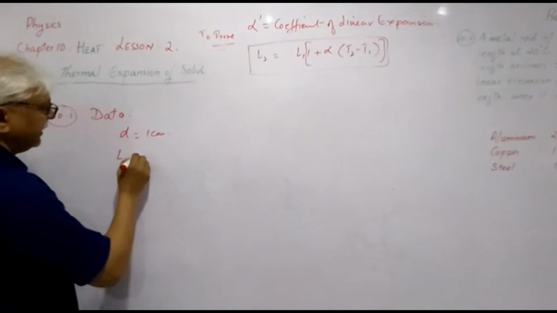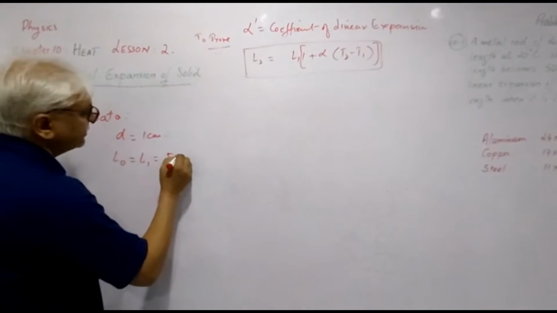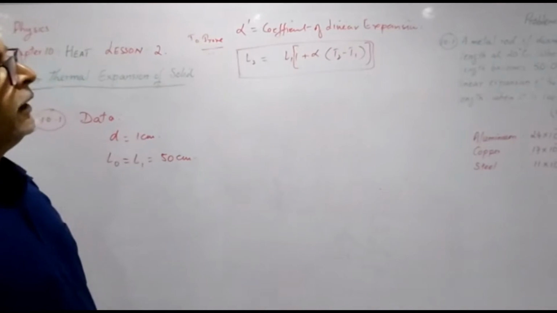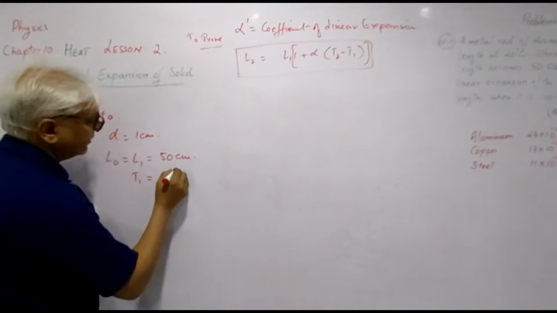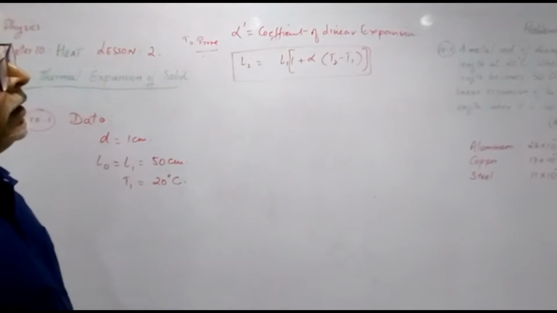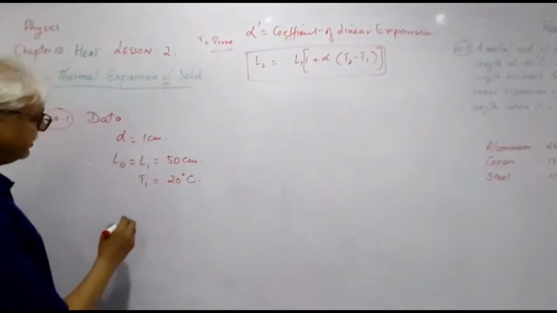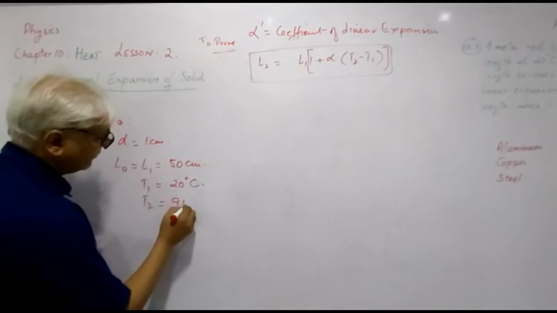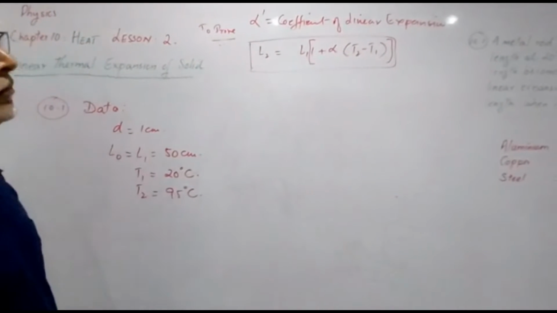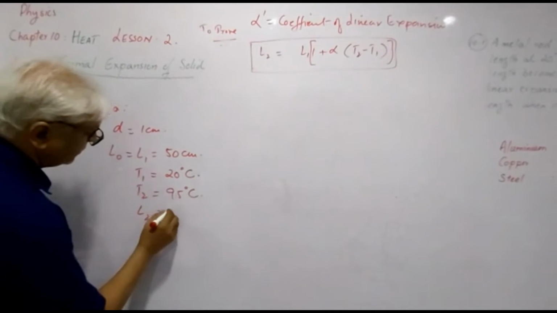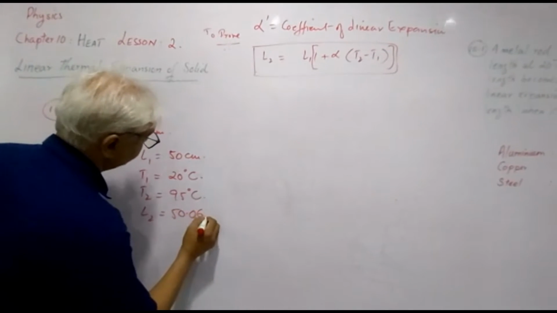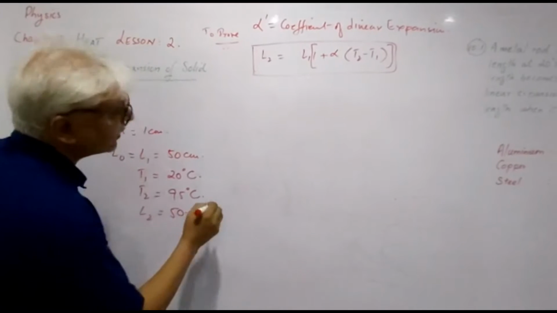That means the original length, L1, is 50 centimeters, at 20 degrees centigrade, the initial temperature T1. When it is heated to 95 degrees centigrade, T2, the final temperature, its length becomes 50.06. So L2 is 50.06 centimeters.